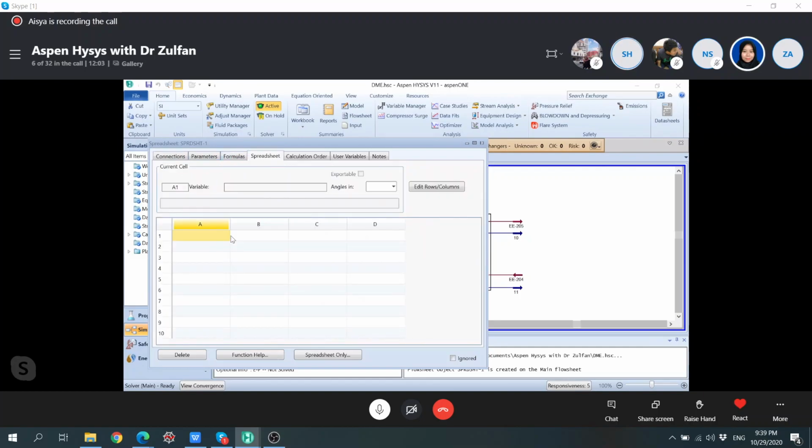Okay, that one. So here, what you could do is use this like an Excel within Aspen. I think you can just vary the stage location manually. In column A, for example, you can put stage number 2, 3, 4, and 5, and then column B is the reboiler duty, and column C is the condenser duty.